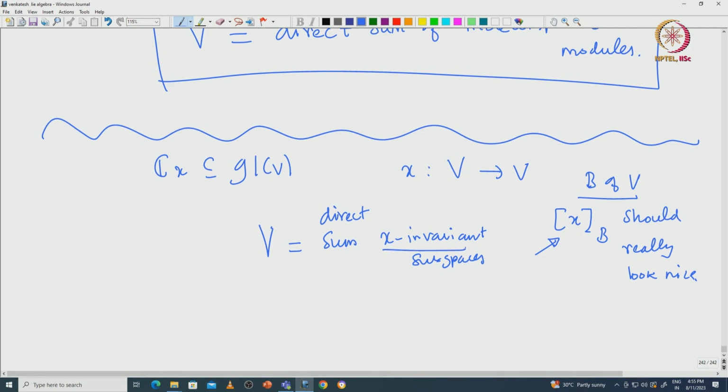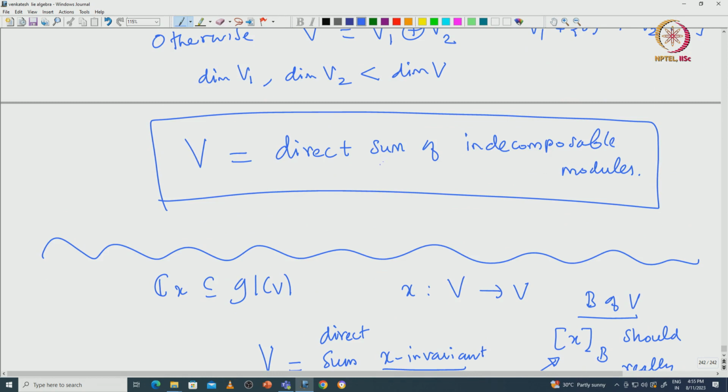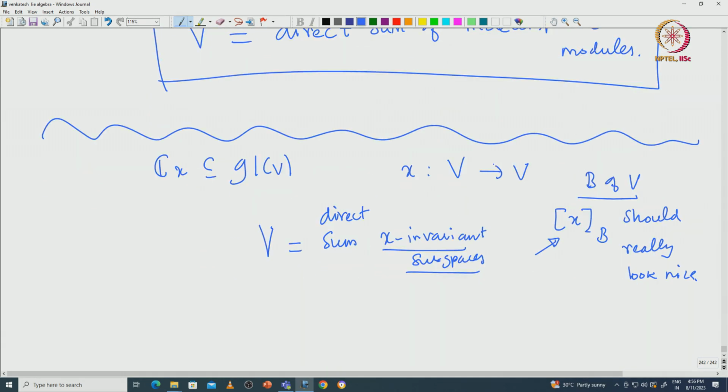But you want to refine this further and further, and get a maximal direct sum of x invariant subspaces. You do not want just any sum of x invariant subspaces, you want the maximal possible, obtained by writing V as a direct sum of indecomposable x invariant subspaces.